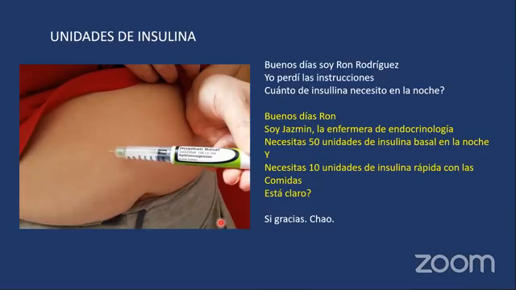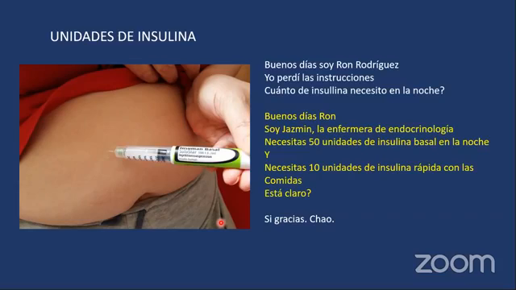Unidades de insulina. That's another very, very important aspect in our daily life that we need the numbers. So listen to this conversation here. Buenos días. Soy Ron Rodríguez. Yo perdí las instrucciones. ¿Cuánto de insulina necesito en la noche? Buenos días, Ron.